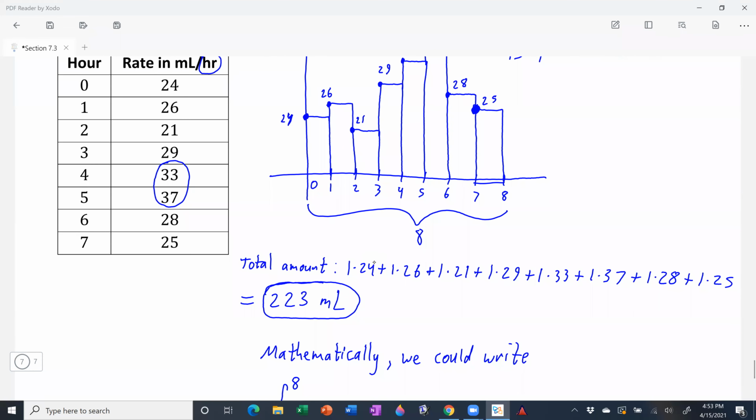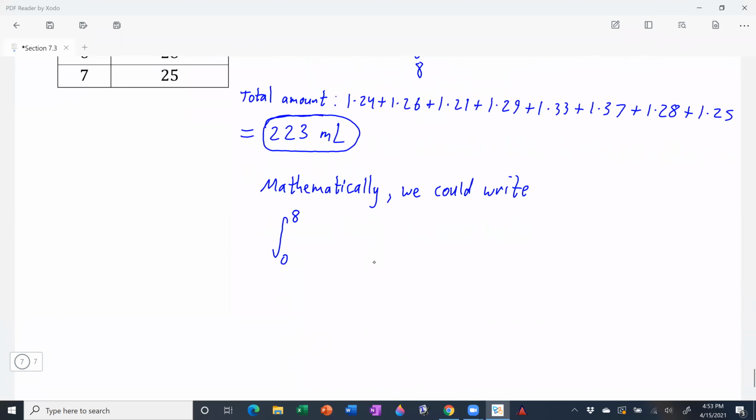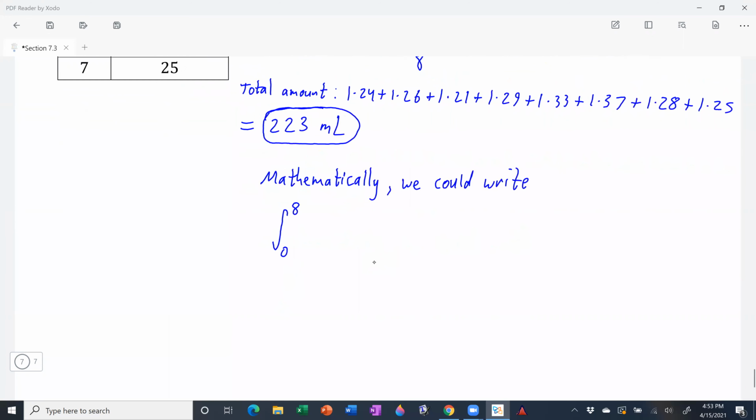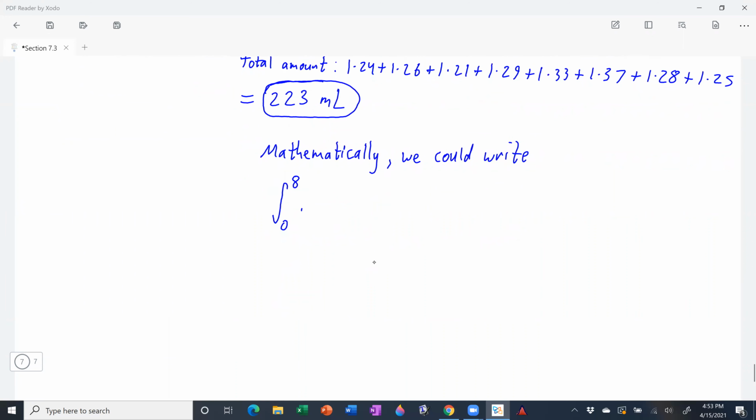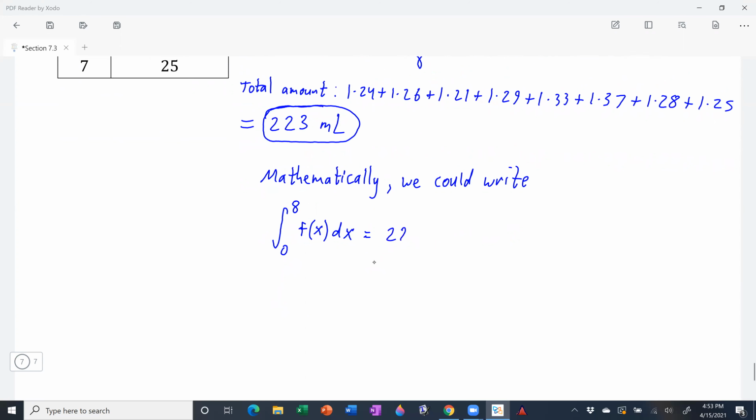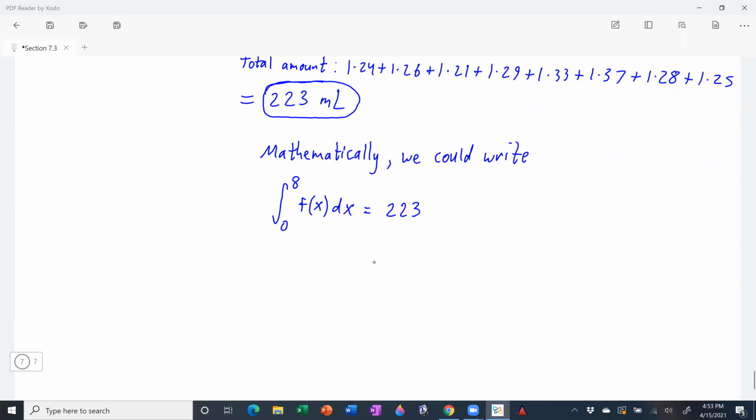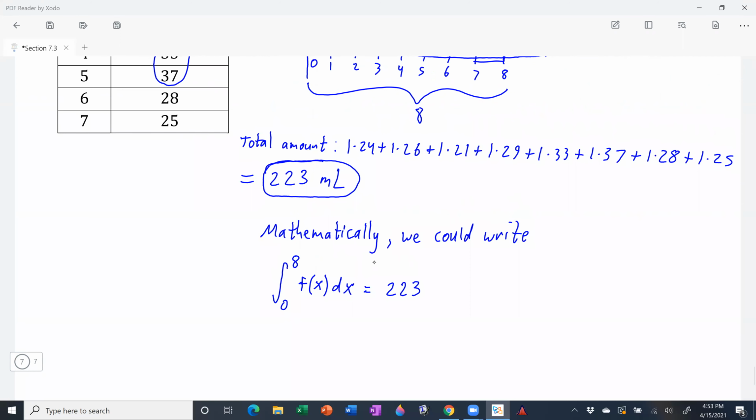So we are covering a total of 8 hours here. And whatever the function is, we could call this f of x if we wish. And then it comes out to that number. So just want to keep that in mind.